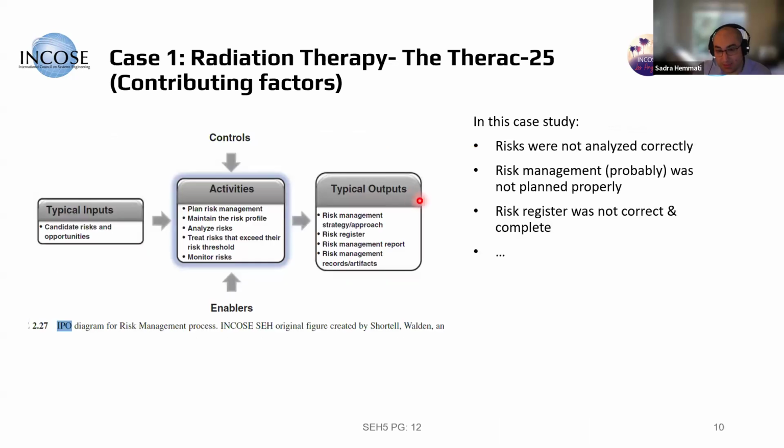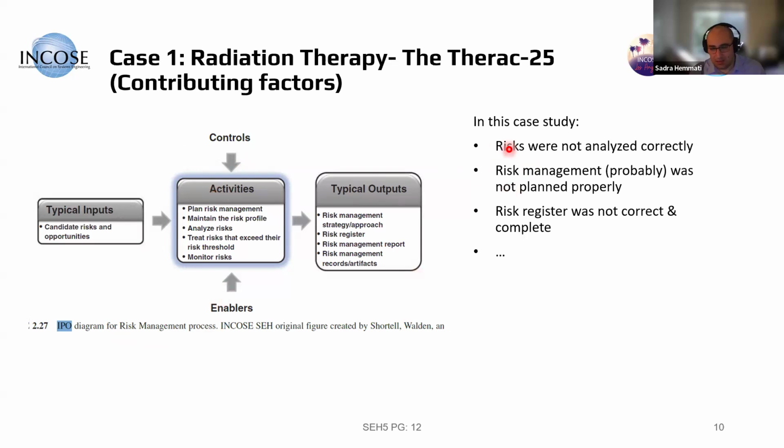But again, this was a case study, and what I suggest for everybody who's interested is to try to tie that back to the IPOs, right? So looking at this risk management process, what were the corresponding elements of this case study?